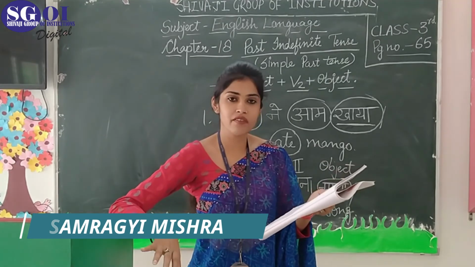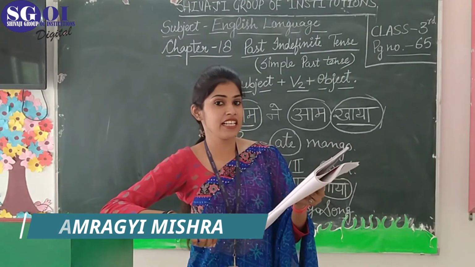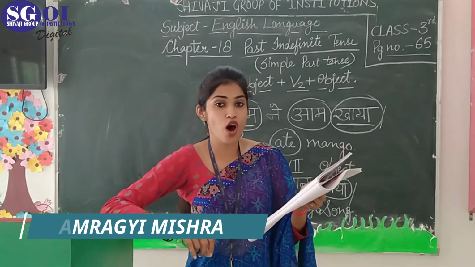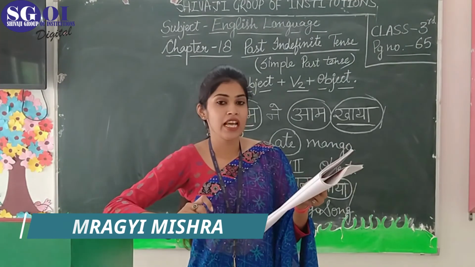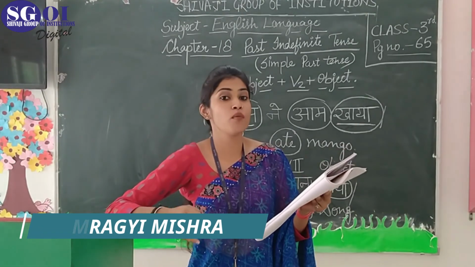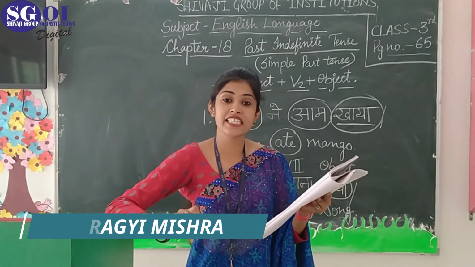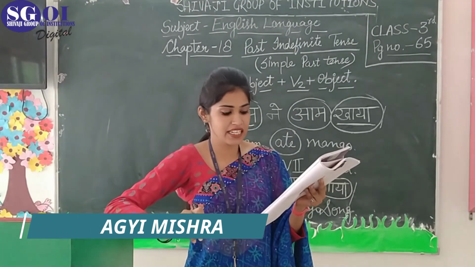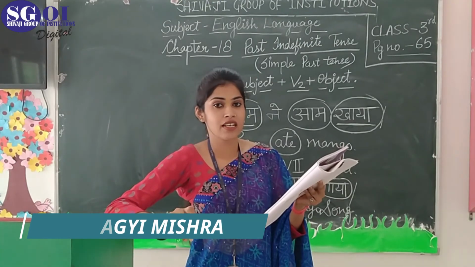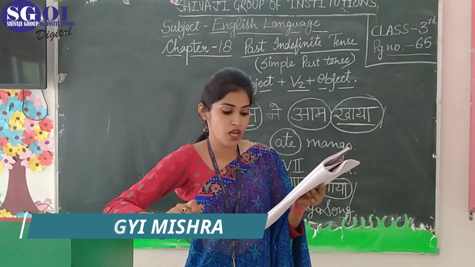Okay, the first form is not given here, the second form is already given here, like ate, second form of eat, saw, second form of see, hid, second form of hide, visited, second form of visit, rode, second form of ride, sent, second form of send, bought, second form of buy, B-U-Y, buy.